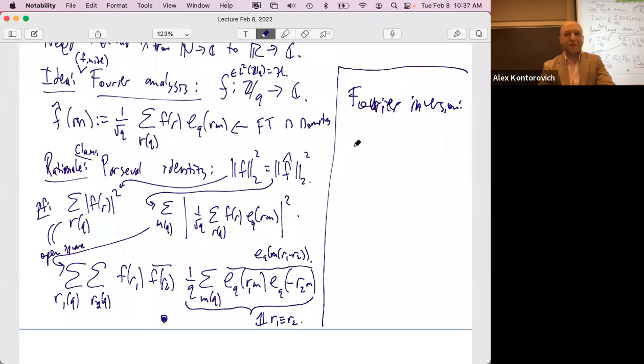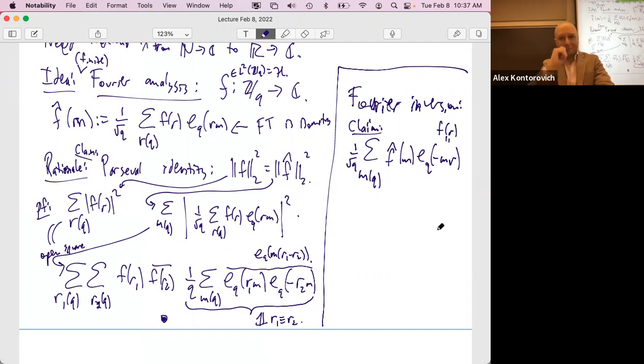The inversion formula will read: if I take the sum over m mod q of f hat of m times e of minus m r, with the normalization factor 1 over q, I claim it will recover f of r.